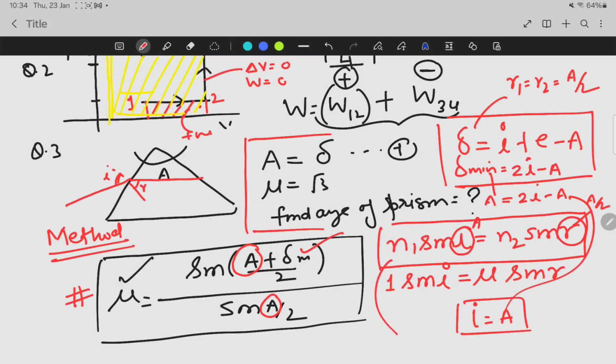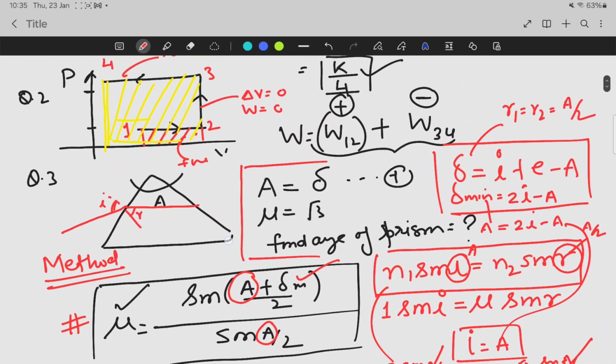With the help of this equation we can solve. n1 is 1, sin A we can write as 2 sin A by 2 cos A by 2, equal to n2, root 3, times sin A by 2. The sin A by 2 cancels out, and we can get the value of cos A. So this is method number 2 through which we can get the relation and the answer.